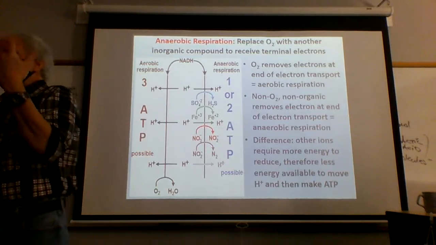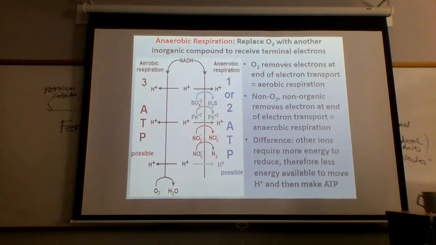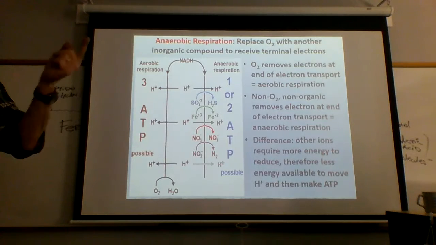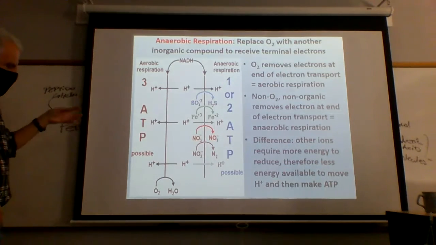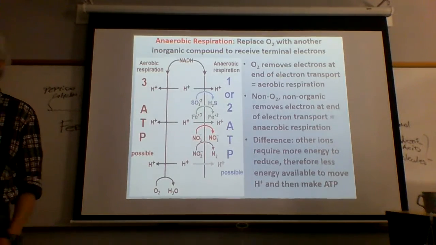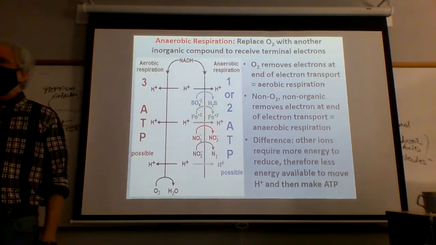One reason I'm partial to oxygen, and so are you, is that oxygen, being electronegative, has really strong pulling power, and it is able to draw more energy from the electrons passing across the different complexes because it is a gigantic sucking force. And nothing beats oxygen. Sulfur is not bad, but compared to oxygen, sulfur is nothing. So if you had to choose an element to use as your final electron acceptor, oxygen rocks.